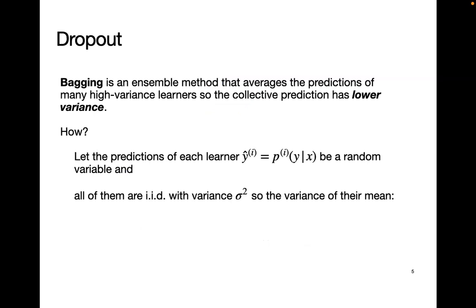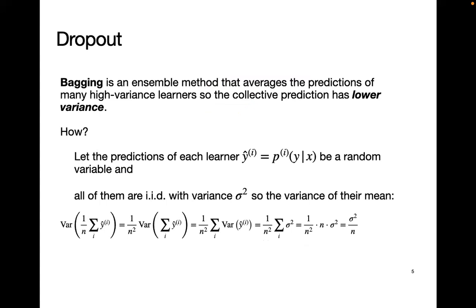Assume each of the classifiers produces a probability that is a random variable, and all of them have a variance sigma squared. What will be the variance of their mean? We take the variance of the average of the predictions.